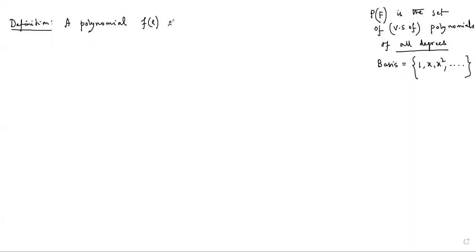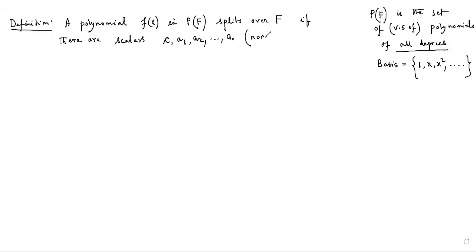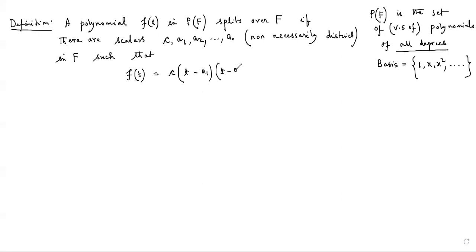Now a polynomial f(t) in this vector space P(F) splits over F if there are scalars c, a1, a2, ..., an, which may not be distinct from one another, in the field F such that this polynomial f(t) can be written as c(t - a1)(t - a2)(t - a3)...(t - an).